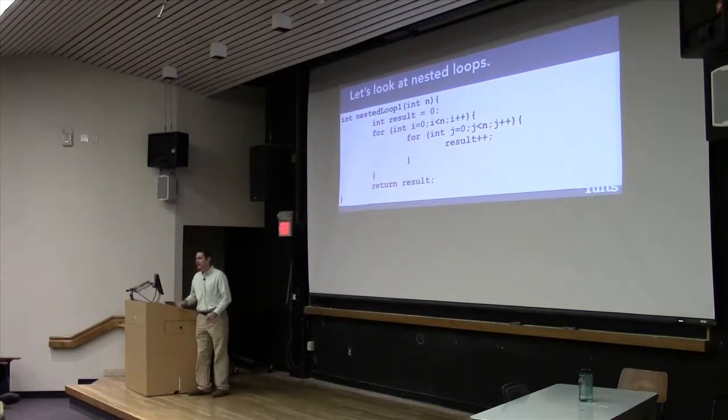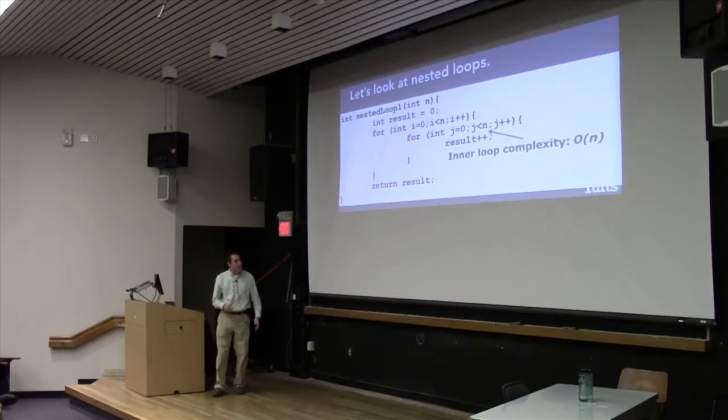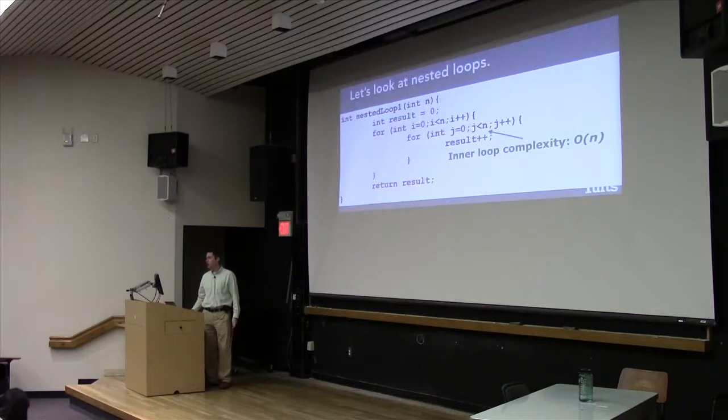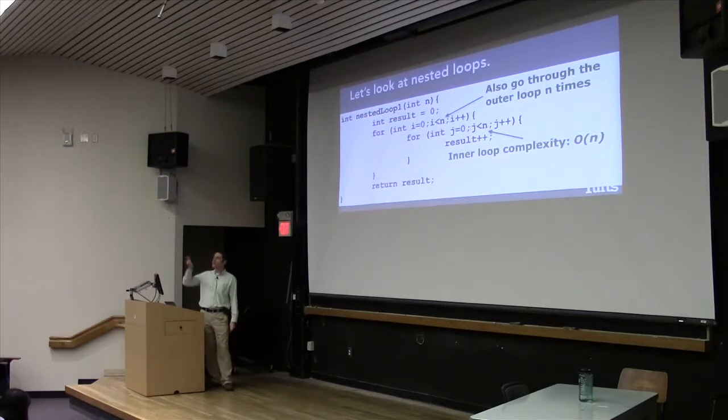Let's look at the analysis of this. The inner loop is just a complexity of n, because you're going through that inner loop n times. The outer loop is also a complexity of n, since you go through the outer loop n times, but because the inner loop is inside of it, you're going to end up doing the result operation n squared number of times.